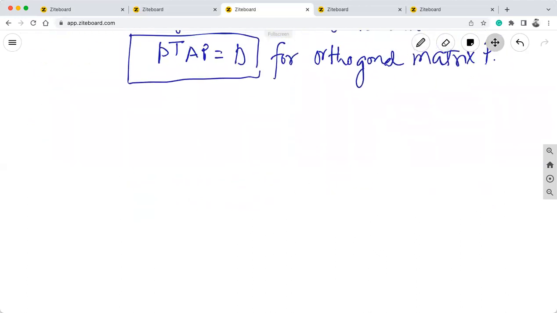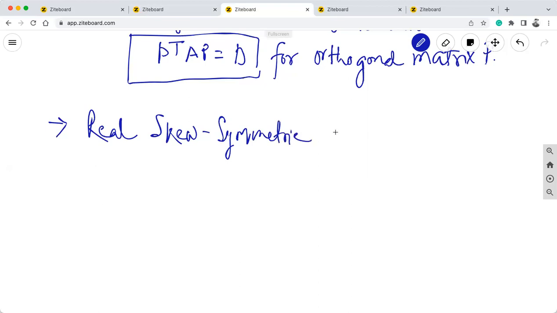Then we have another property. If we have the skew symmetric matrix, real skew symmetric or skew Hermitian matrices.